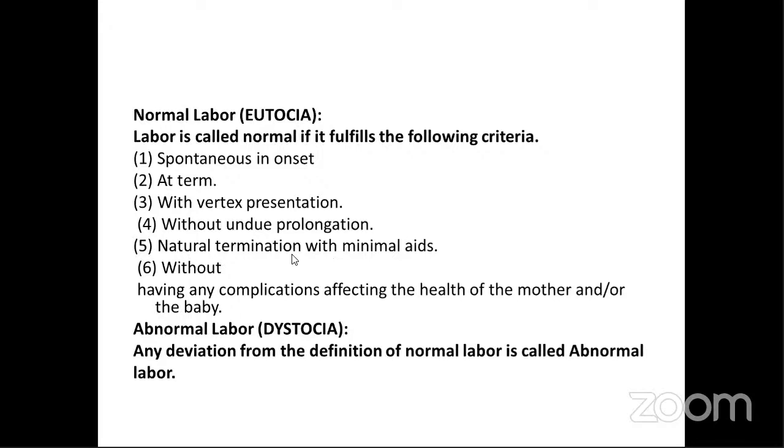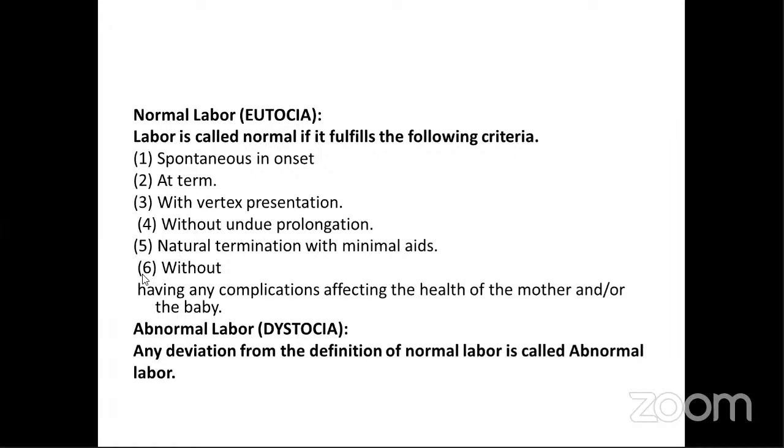The delivery should be a natural one, and minimal aids suggests that it could be a small episiotomy, or perineal support, or a mild fundal push. That is what is called minimal aids. Apart from these, if you use instruments like, as I told, forceps or vacuum, it is considered an assisted or operative vaginal delivery, not a normal labor.